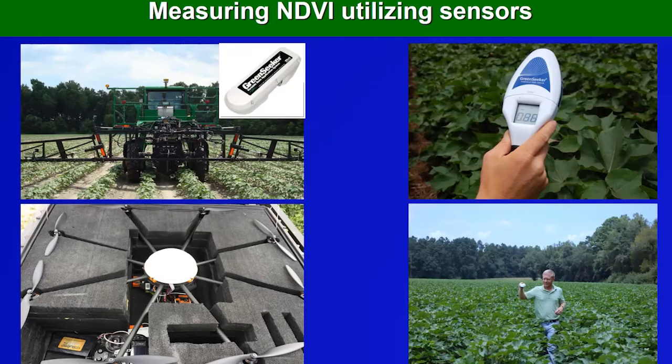Look, we have enriched, we applied 280 pounds of nitrogen. It reads 0.88 NDVI. We measure the field, it reads the same number, 0.88.